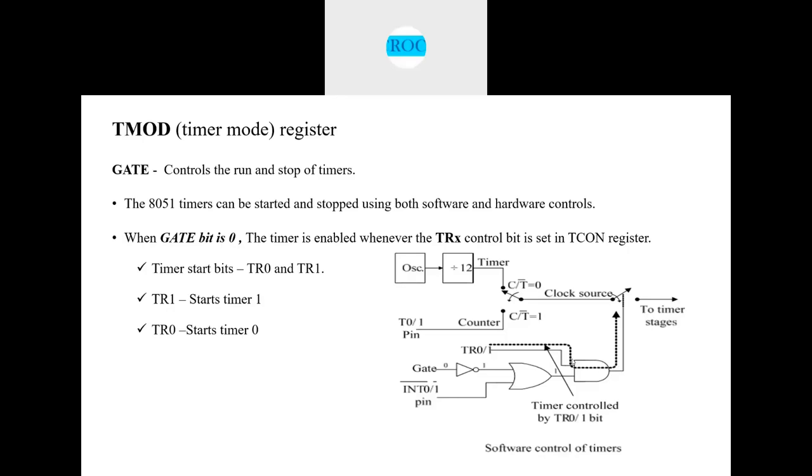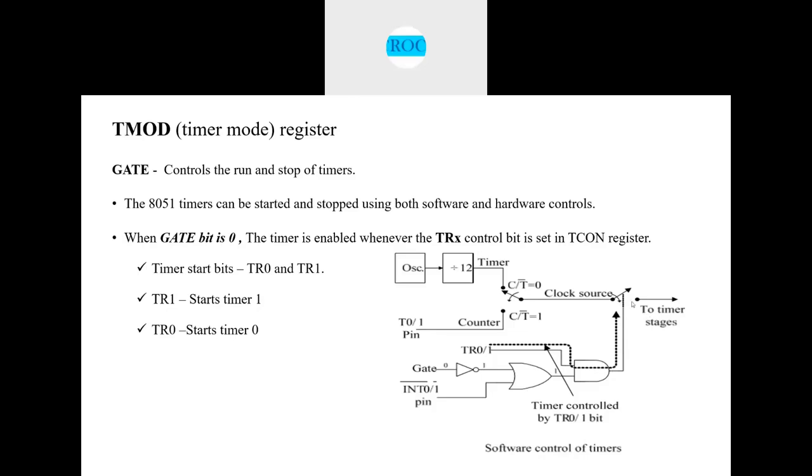The output of the AND will be 1 only when the timer starter bits, TR0 for timer 0 and TR1 for timer 1, are 1, and then the switch will be connected here.